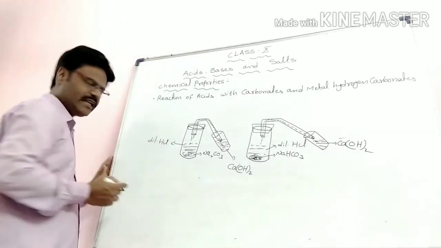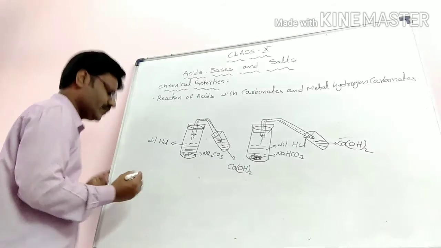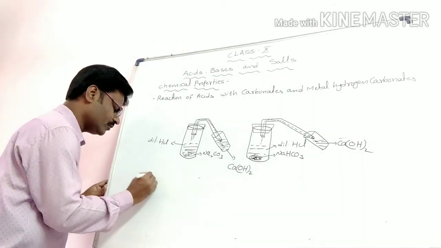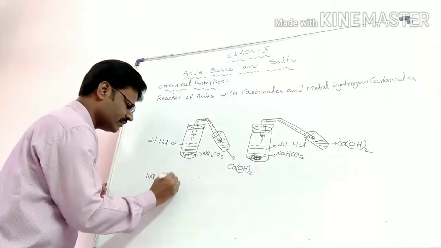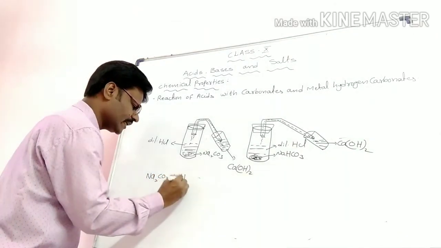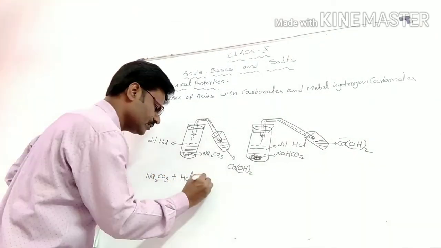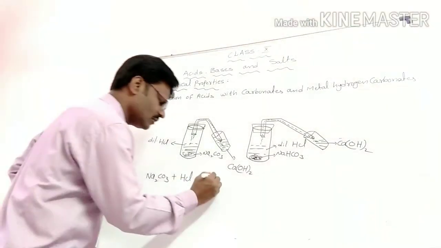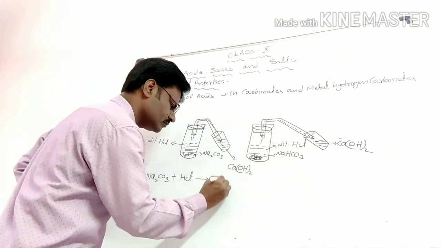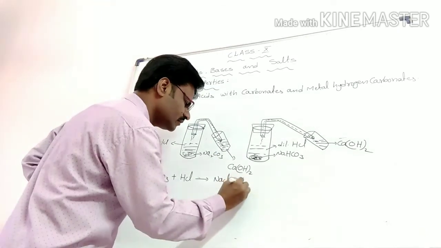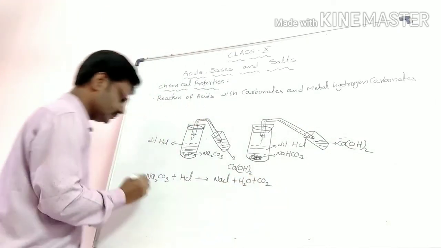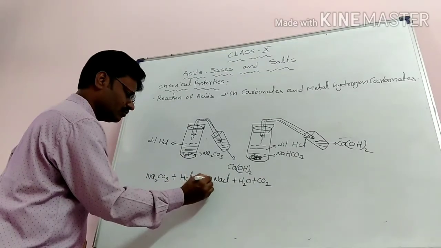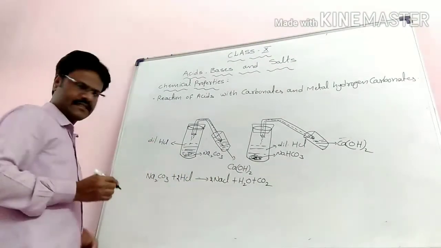So here the chemical reaction, once we observe: sodium carbonate reacts with hydrochloric acid to produce sodium chloride, water and carbon dioxide.